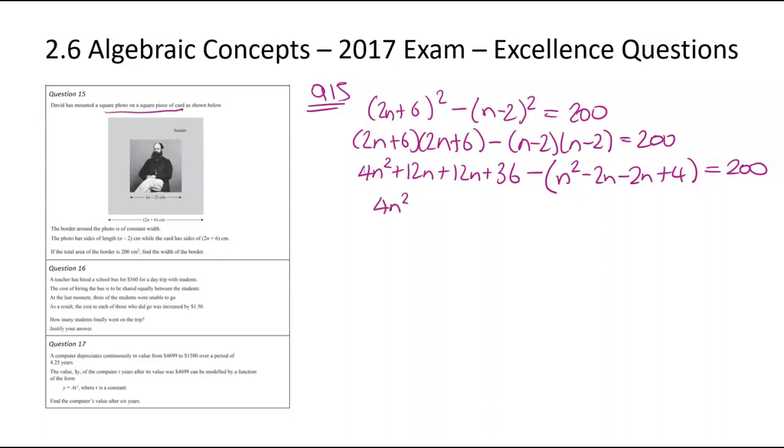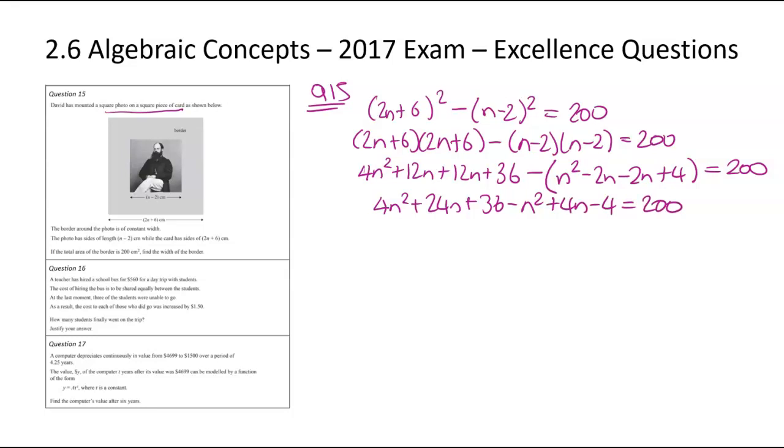So 4n squared plus 24n, that comes from the two 12n's up there, plus 36. And then I'm going to go minus n squared, which is minus 1 times n squared. And then negative 4n times negative 1 is positive 4n. And then I'm going to have minus 4 equals 200.